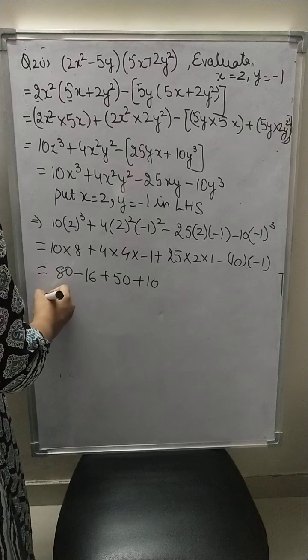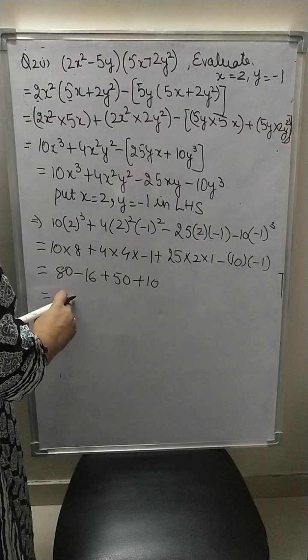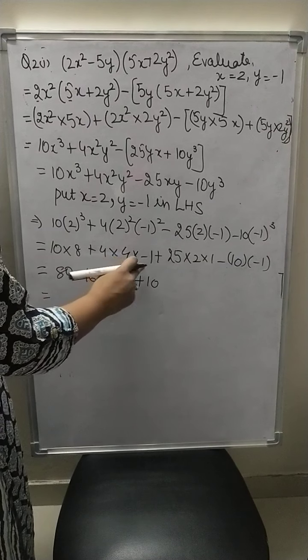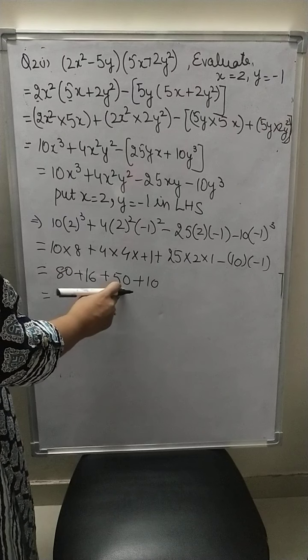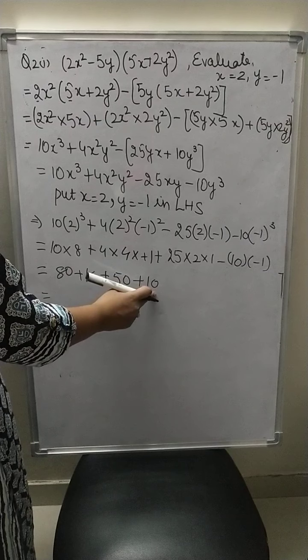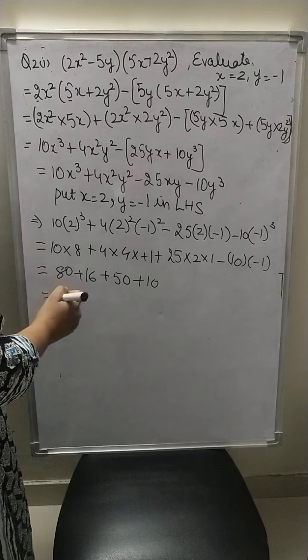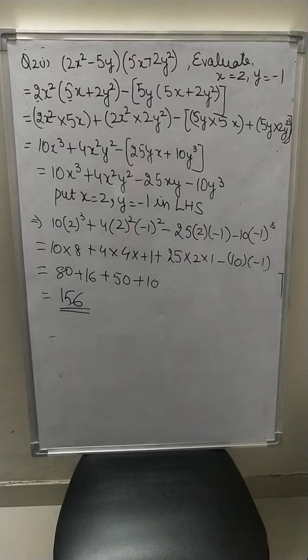So the answer I am going to get here, this will also be plus 1. So that is 80 plus 16 plus 50 plus 10, and the answer is 80 plus 50 is 130, 130 plus 10 is 140, 140 plus 16, the answer comes out to be 156. So students, this was the first part of the question, and now I'll start with the second part of the question.